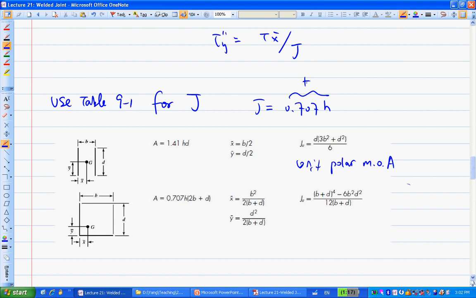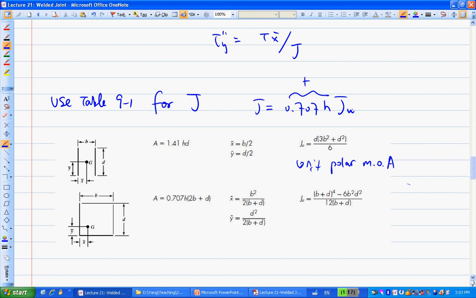Remember, t is the throat length, and t is related to h, 0.707h, h cosine 45 degrees. Then times the J_u. That's the J.